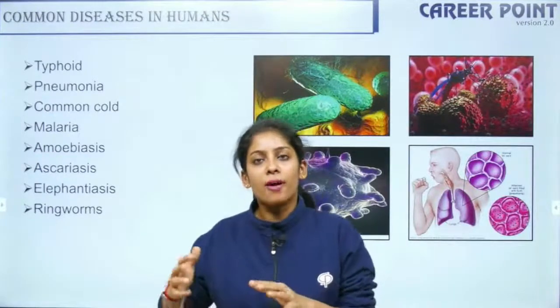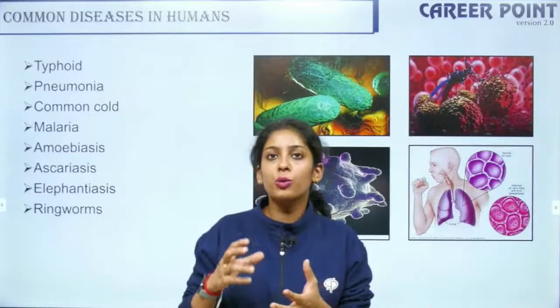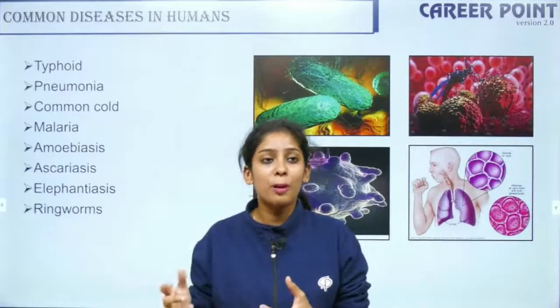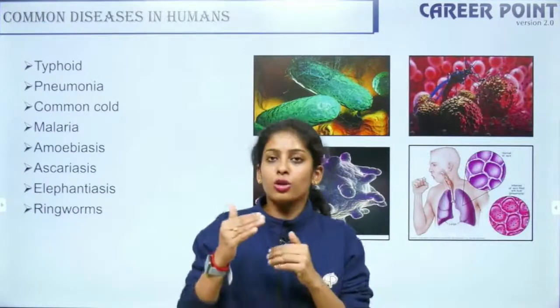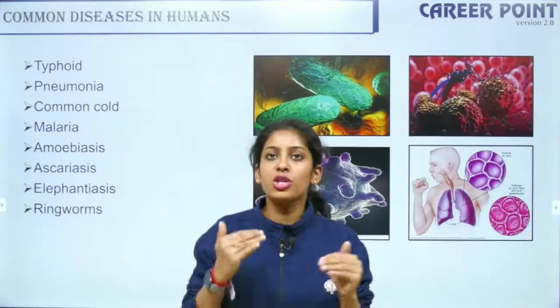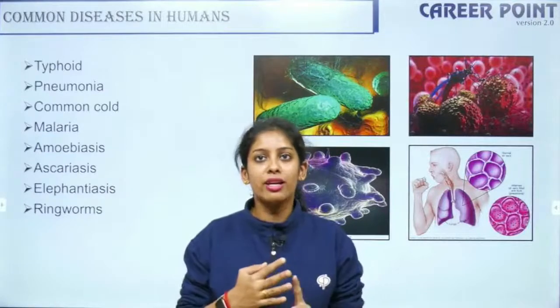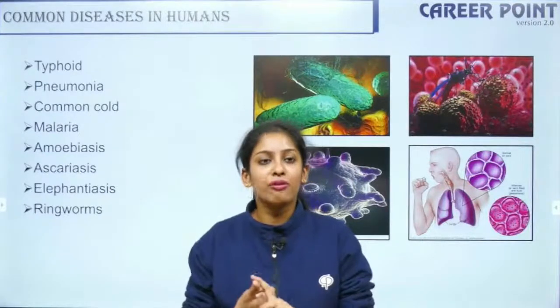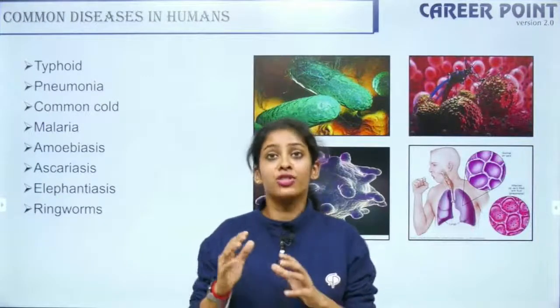Then comes the common diseases that affect humans. We have some groups of microorganisms which are pathogens, which can actually harm the host. Those pathogens cause infections, which are broadly categorized as bacterial, viral, protozoan, helminthic and fungal diseases. We're going to talk about each of the infections in detail.